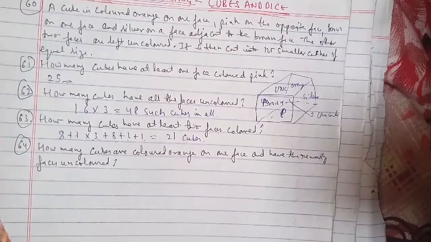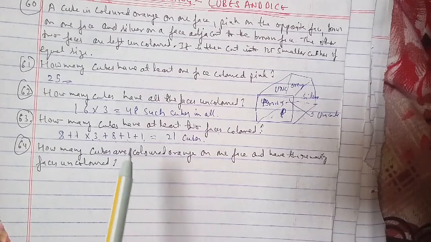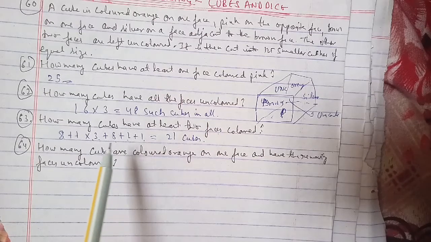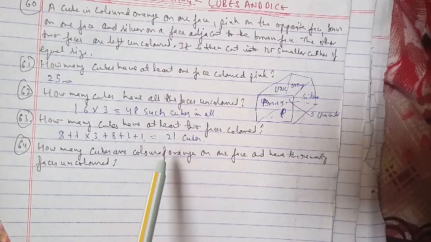The options we have are 8, 12, 14, and 16. For the same we have to find out the answer. This is an important one too. The cubes colored orange on one face and having the remaining faces uncolored lie in layer 1, except along the sides 3 and 4. Thus there are 16 such cubes.